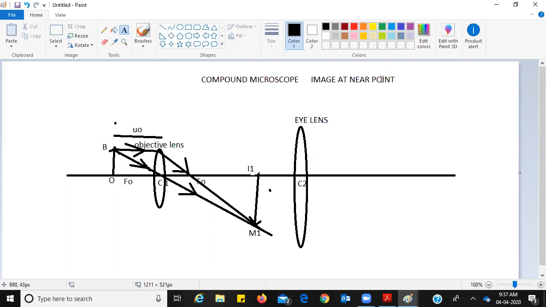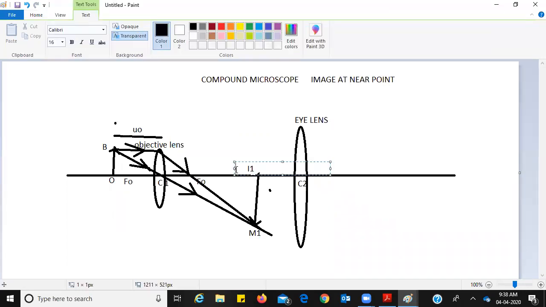For the near point, it should be formed less than 10 centimeters, that means between FE and C2. So I'm fixing the focal length here as FE.